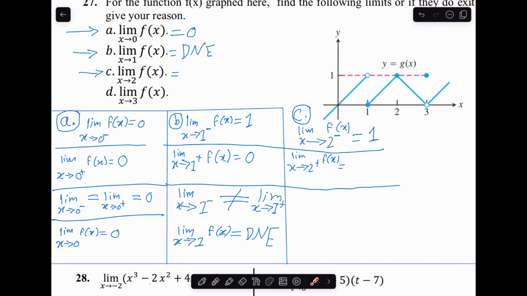Limit when x is approaching 2 from the right, f of x is equal to 1. Since the limit when x is approaching 2 from the left is equal to the limit when x is approaching 2 from the right, the limit when x is approaching 2 of f of x equals 1.